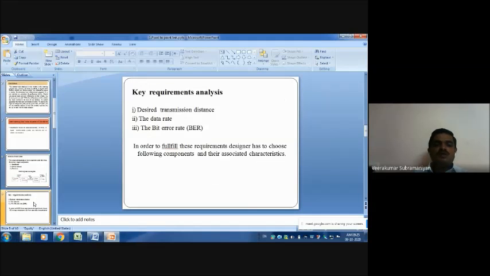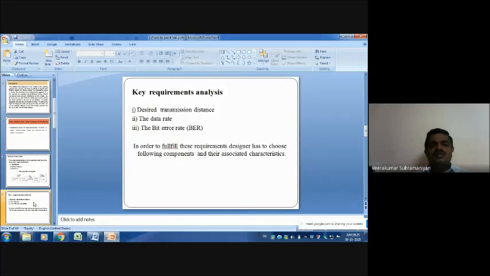If I want to design a point-to-point link, what are the key requirements? First one is the desired transmission distance. How much distance do I want to transmit this particular light signal? According to that, I have to select the length of the fiber optic cable, then the requirement of additional subcomponents like connectors, splices, and so on.